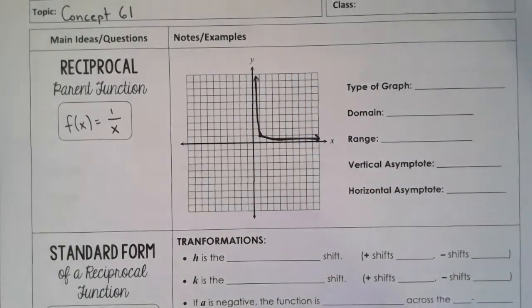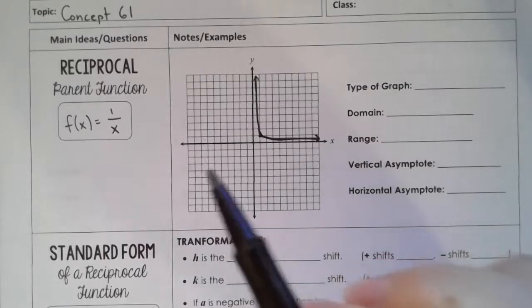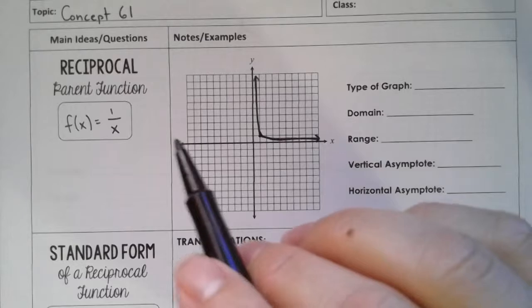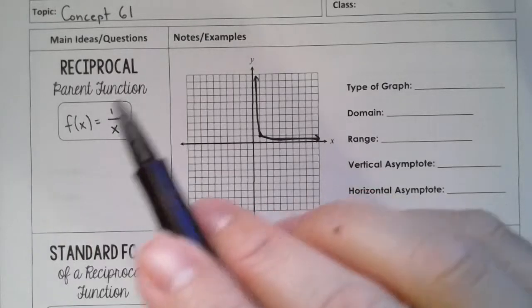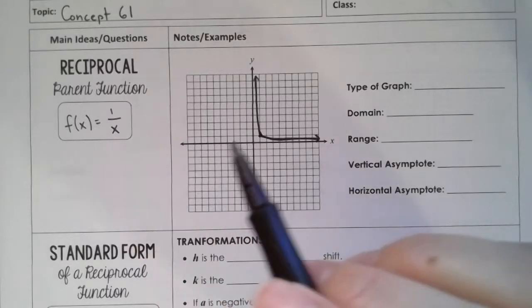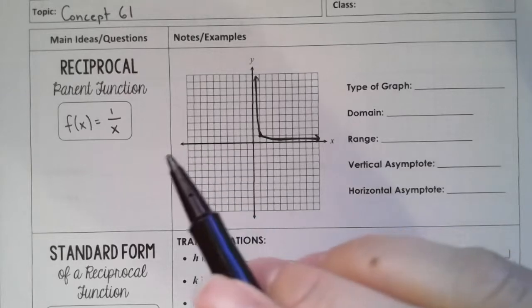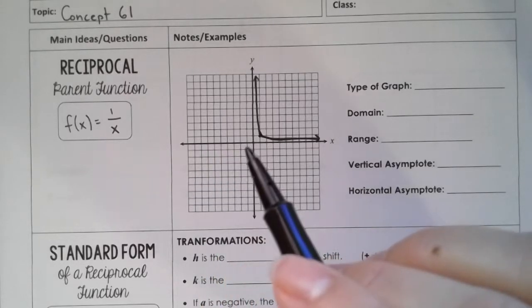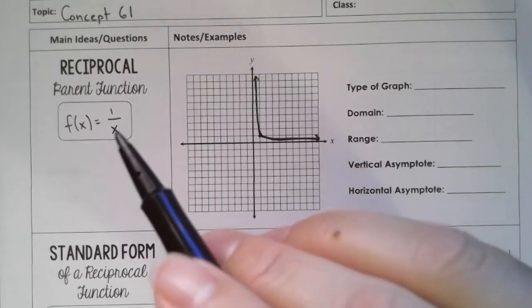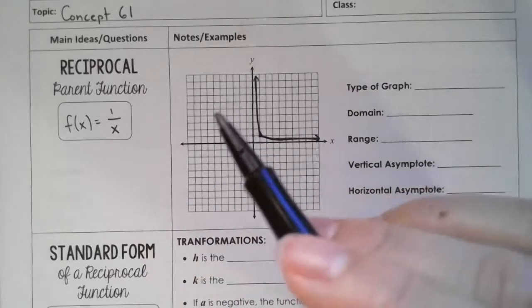Now those are my positive x values. What about my negative x values? They work the exact same way. If x goes towards negative infinity, you're going to keep getting a smaller negative decimal. If x goes towards 0 from the negative side, f of x will get into a bigger negative decimal.